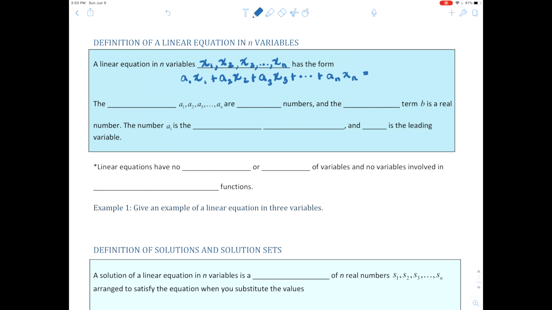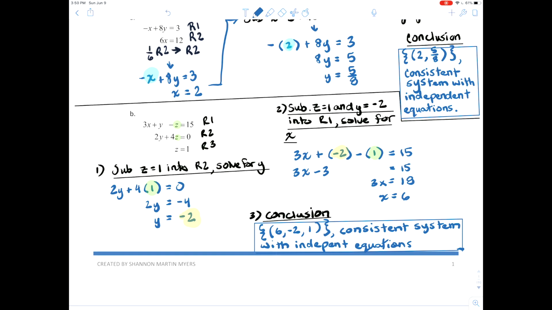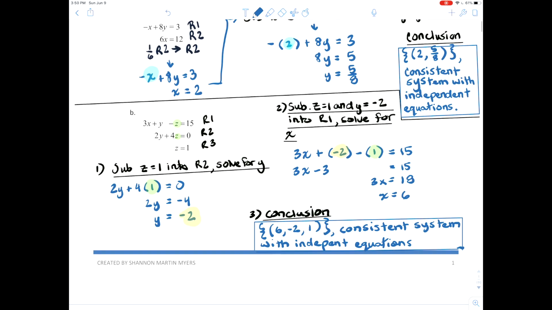And then that's going to equal some constant b. All right? So here in our system that we just solved, right, our very first equation, row 1 right here, we had a linear equation in 3 variables, right?